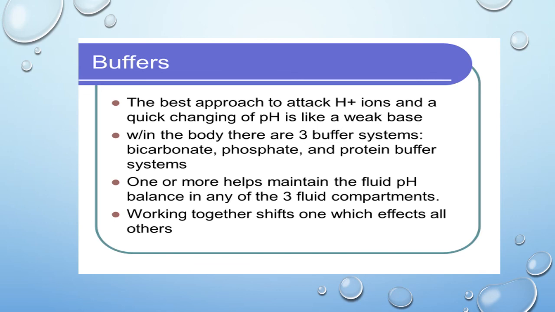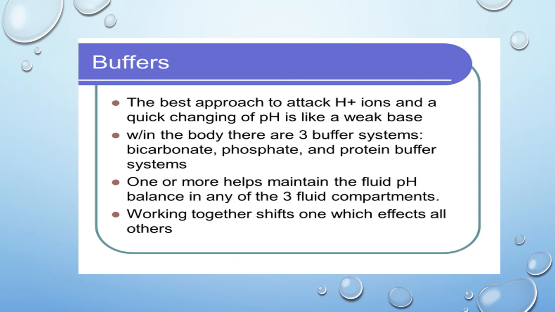Buffers are the best way to attach to those excess hydrogen or proton, so pH won't get altered. So buffers are the best way to attach to H positive, so that pH remains in that neutral range.